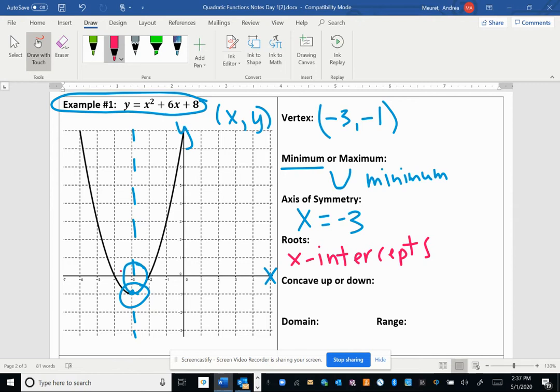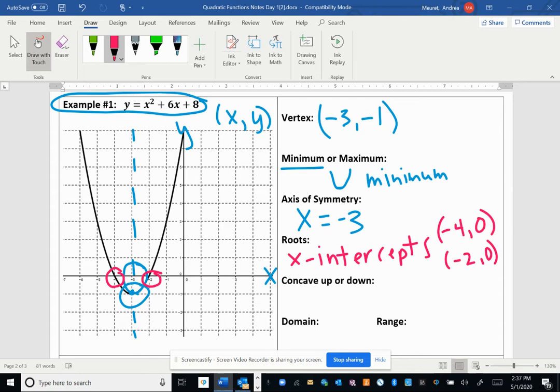And the x-intercepts, there's one right here and one right here. So the x-intercepts or the roots are the points -4 for x, 0 for y, and -2 for x, 0 for y.